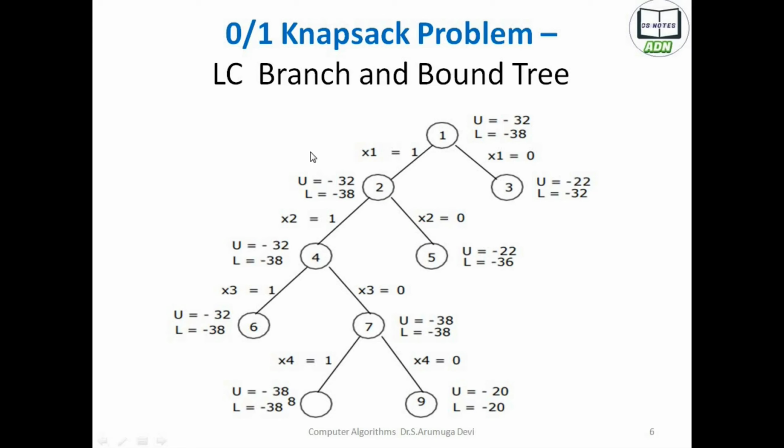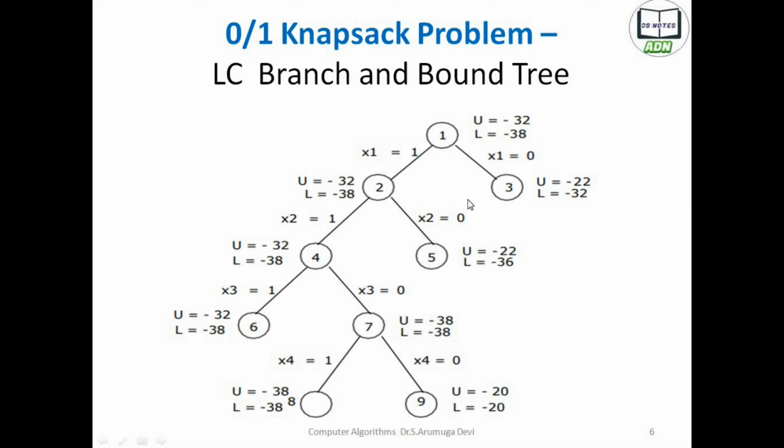So, the 0-1 knapsack problem using the LC branch and bound tree. This is a state space tree. The state space tree is nothing but the tree constructed to implement branch and bound with choices for component selection.